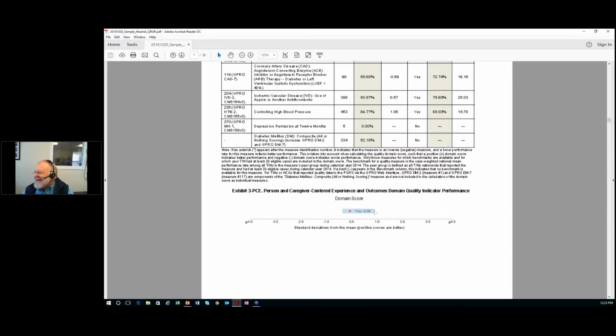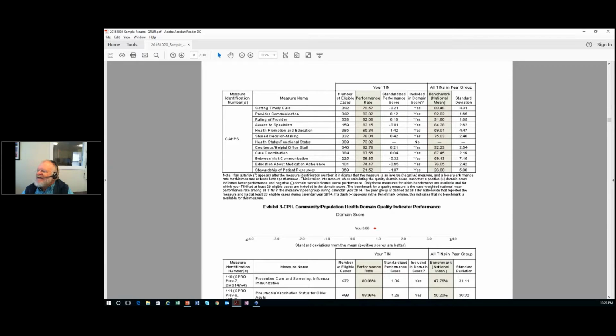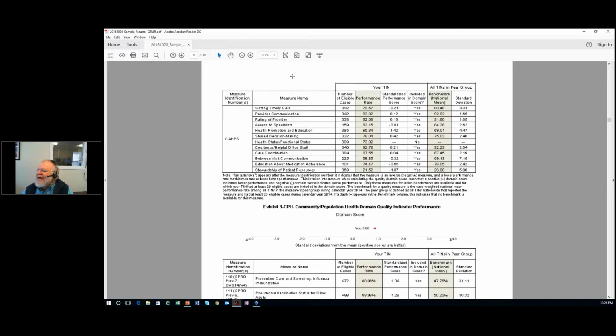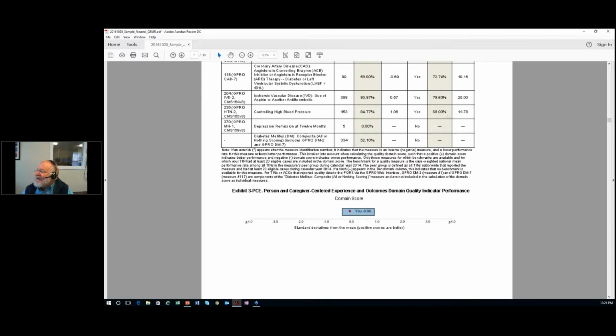We get a slightly just below average number at 0.06. And in fact, that's all coming from the CAHPS survey in this case. So it's the average of the CAHPS survey scores. And that comes through in that.